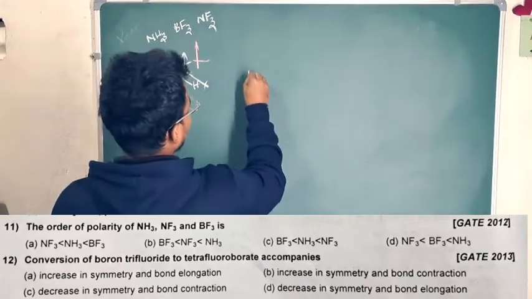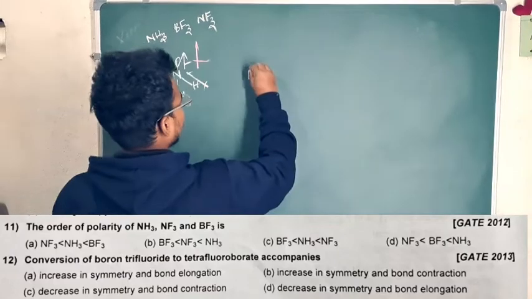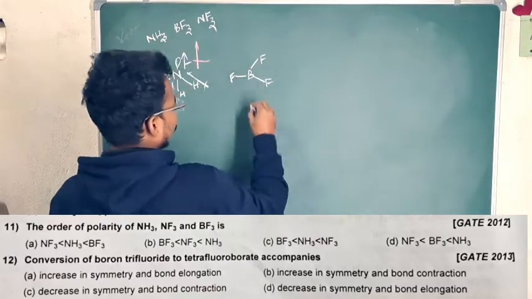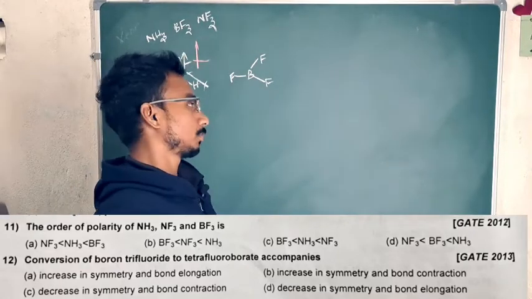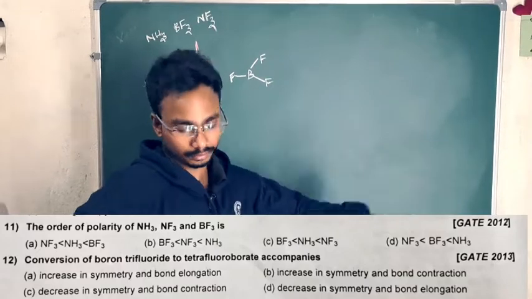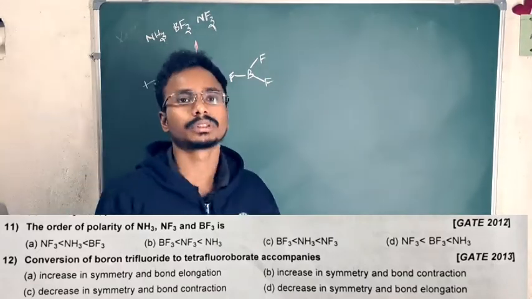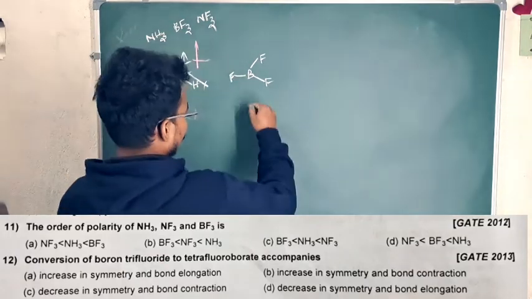Another one, BF3. What is the structure of BF3? It is planar, so it will cancel out. Each is 120 degrees apart, and the dipole moment will be 0. If 3 vector components are present at 120 degrees to each other, the resultant dipole moment will be 0. We studied this vector idea in 11-12.